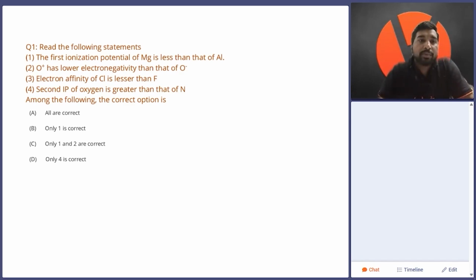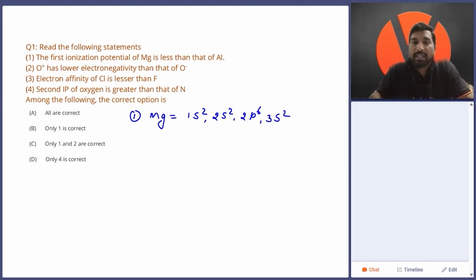So the first statement says the first ionization potential of Mg is less. The electronic configuration of Mg is 1s2, 2s2, 2p6, 3s2, and aluminium is 1s2, 2s2, 2p6, 3s2, 3p1.